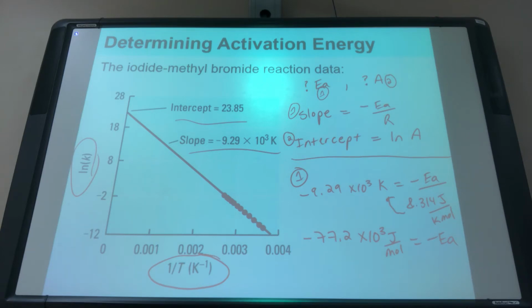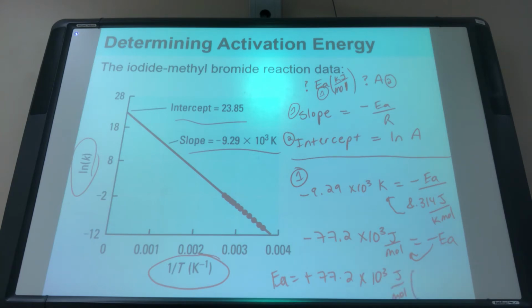But I also want my EA in kilojoules per mole, so I need to convert this. So let's divide that over. Now my EA is positive 77.2 times 10 to the third joules per mole.